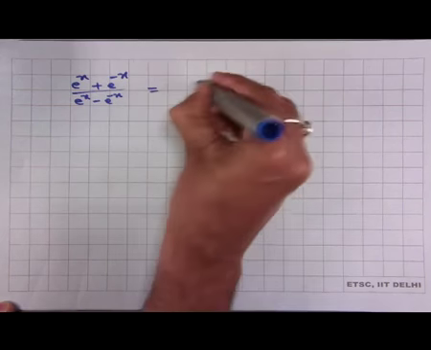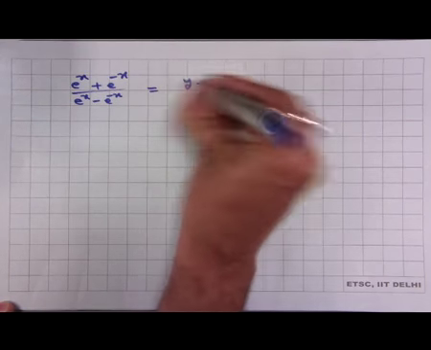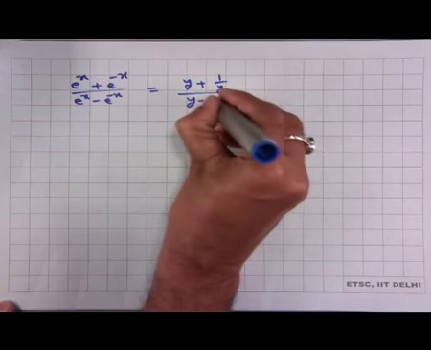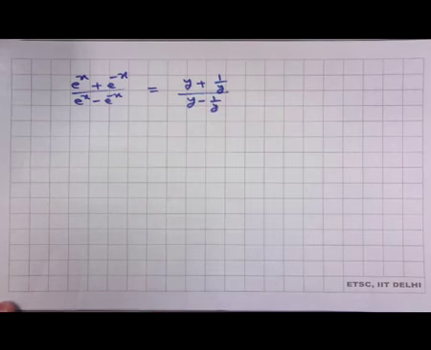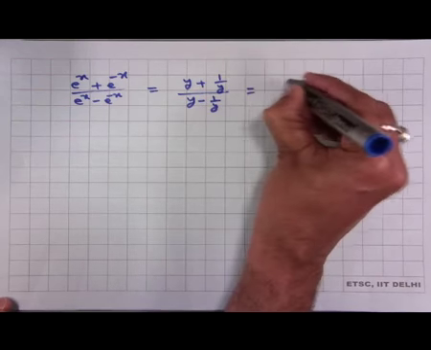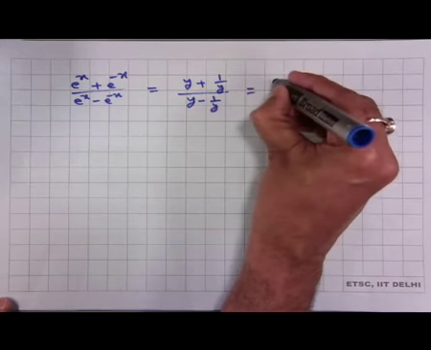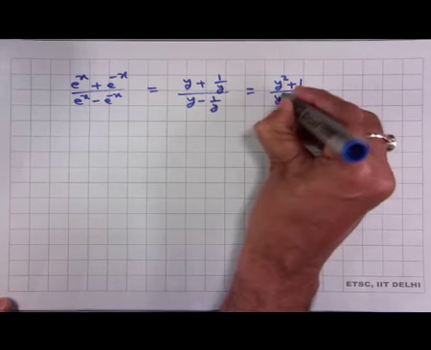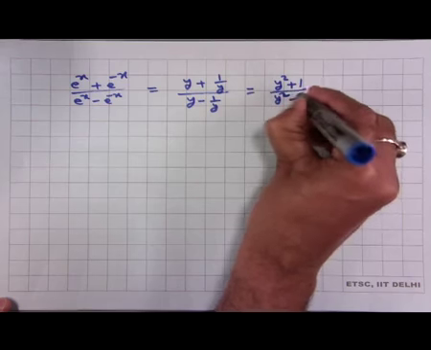This is nothing but y plus 1 by y, over y minus 1 by y, and this can be written as y square plus 1 by y square minus 1.